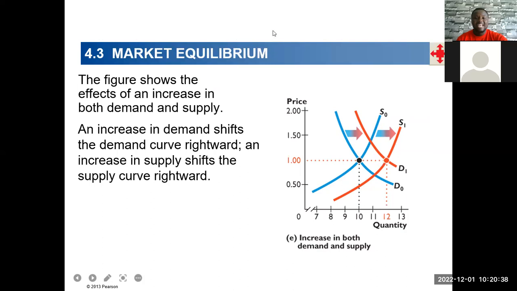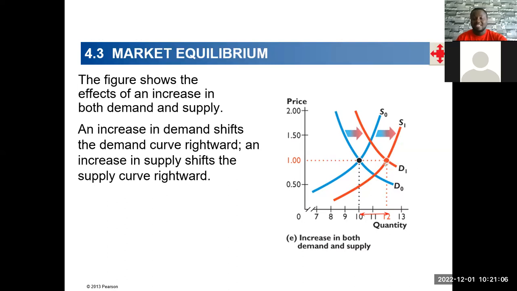If you look at this carefully, quantity will definitely increase. But price will be ambiguous. It will depend on the magnitude of change for both demand and supply.